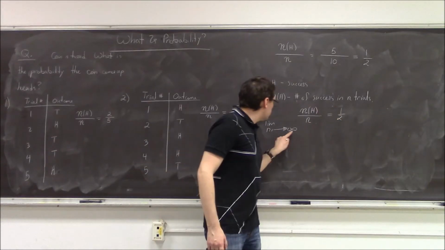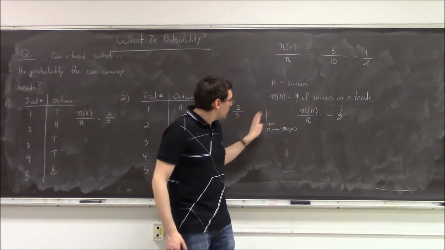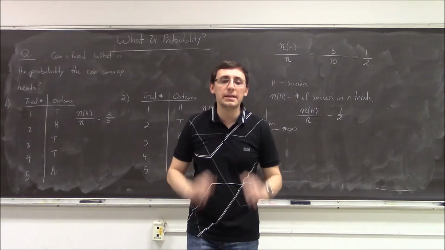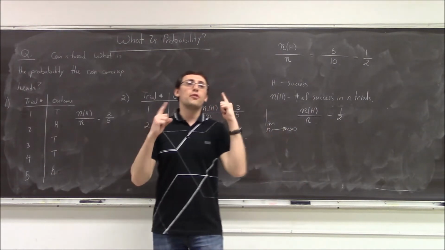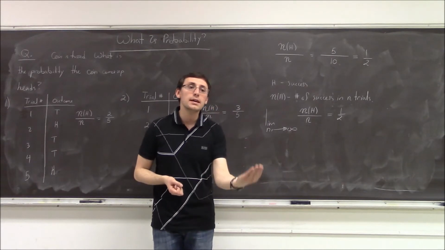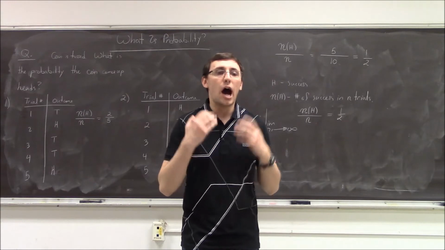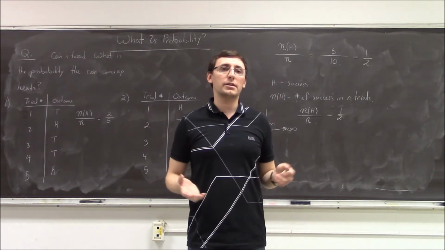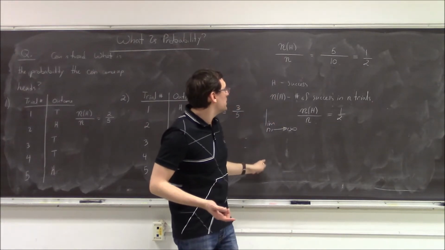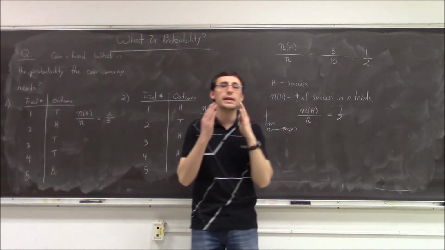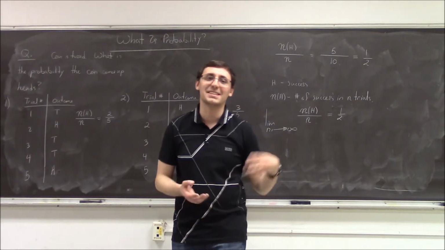To know probability for sure is to be able to perform infinitely many trials. And not only perform infinitely many trials once, but to perform infinitely many trials repeatedly to verify that our experiment is correct. I have to perform infinitely many trials and get the number 1/2. Somebody else performs infinitely many trials and gets the number 1/2.